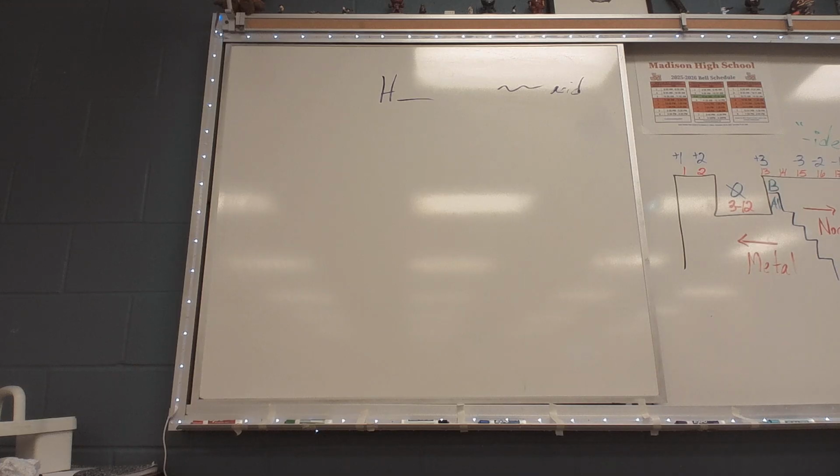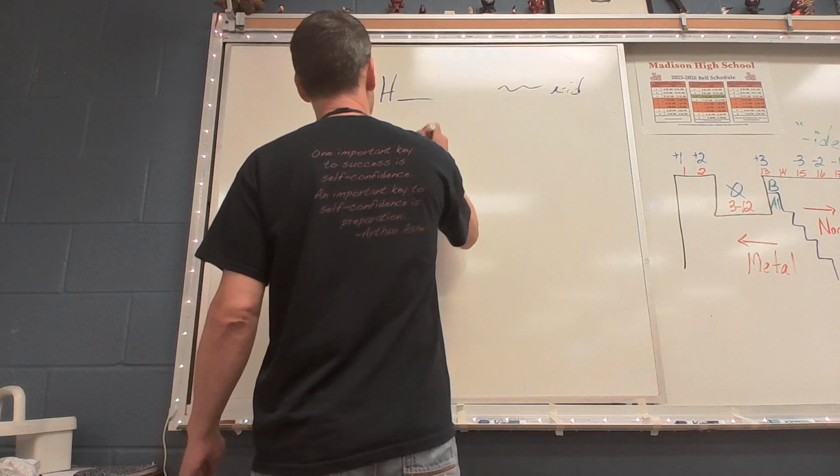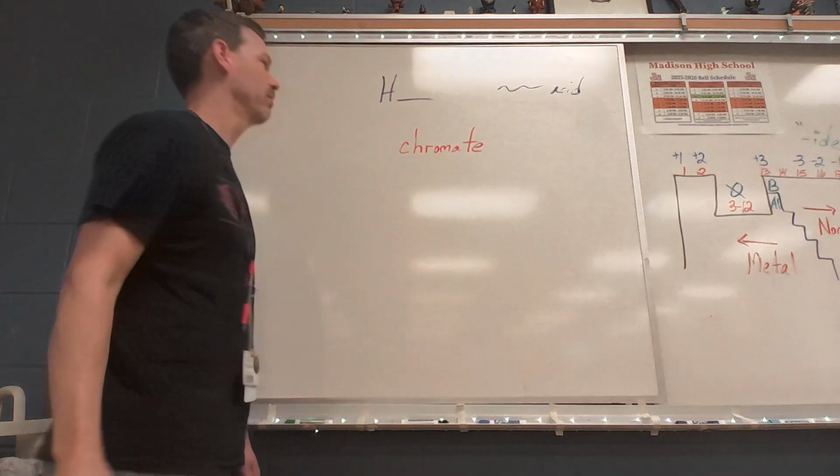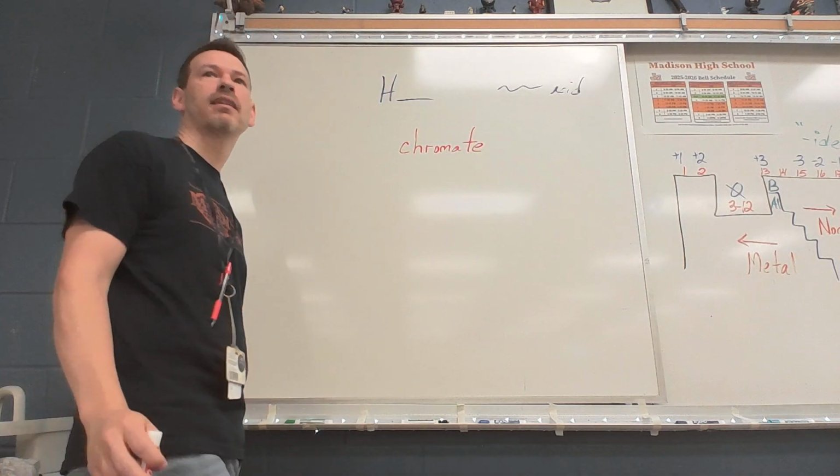So I gave you the sheet though. So find CrO4. It's on there. Scan till you find it. It's chromate. CrO4 is pronounced chromate. So I'm just thinking about that.